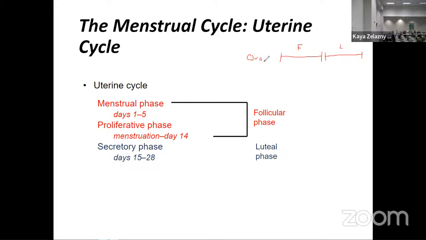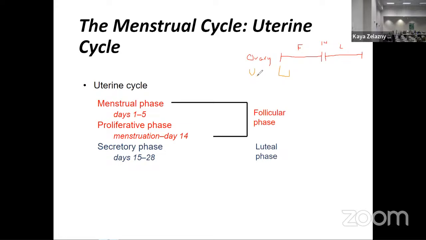This is in an image that you have stacking everything together, but I'm just putting it on here while we're talking about it. So follicular phase and luteal phase, midpoint is ovulation around day 14. Okay, the uterine cycle is going to get put there in 3. So we're going to have both the menstrual phase at the beginning of that follicular phase.